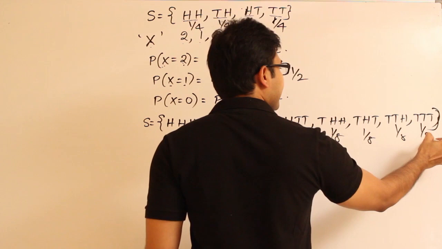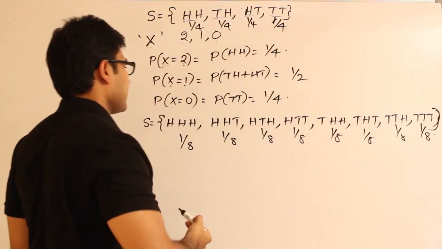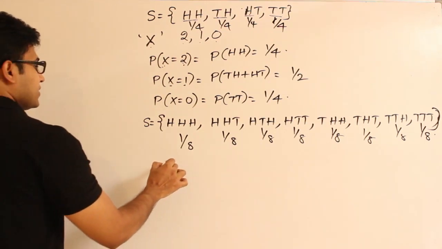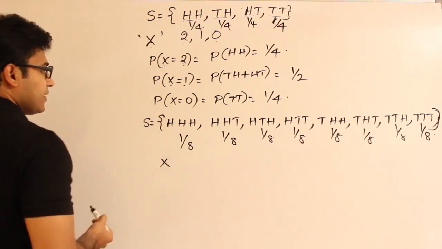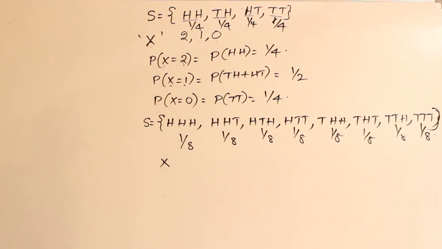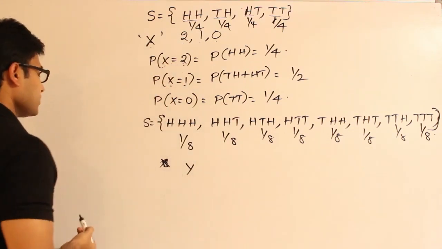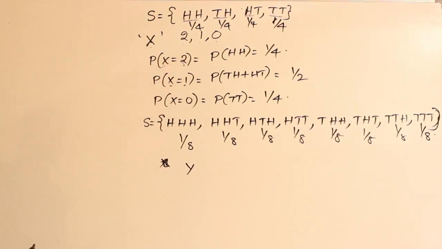Now assume that we are interested in finding out, let's say, a new random variable is defined, and it counts the number of tails that come out. Okay, so let me call it y. You might get confused because I have already used x there. So y is the number of tails that may come out.